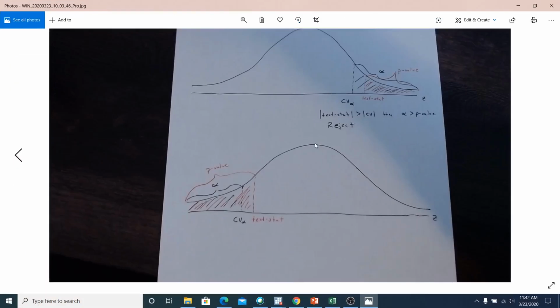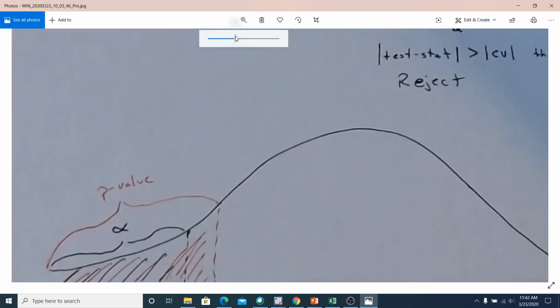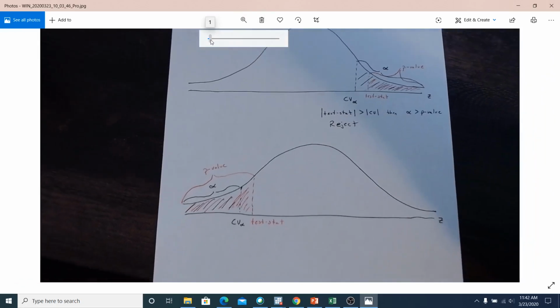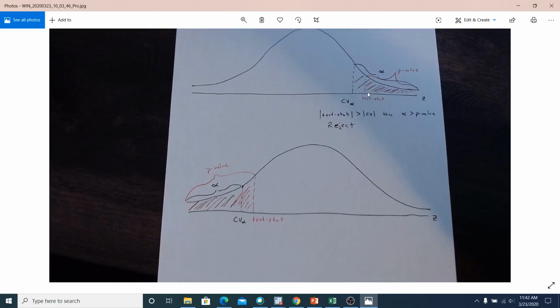My cursor, right? And also I think I can zoom in a little bit. So there we go. So here, notice once I turn my sample mean into a z statistic, whatever z or test statistic I find, the area to the right of it for a right-tailed test, I said that represented my p-value.